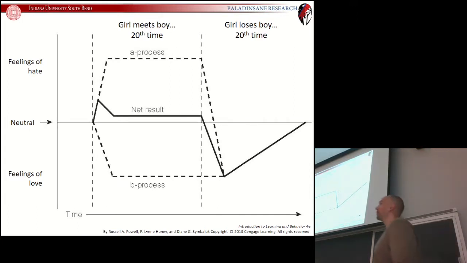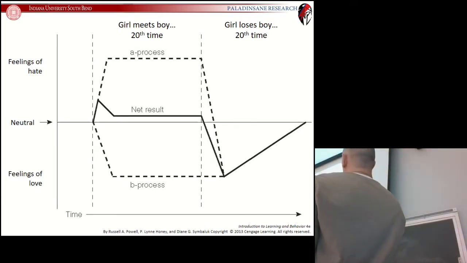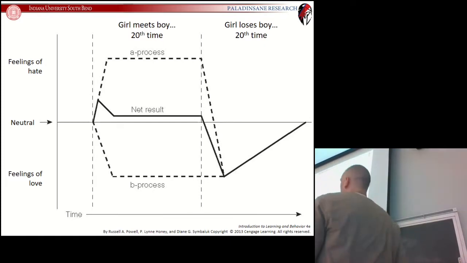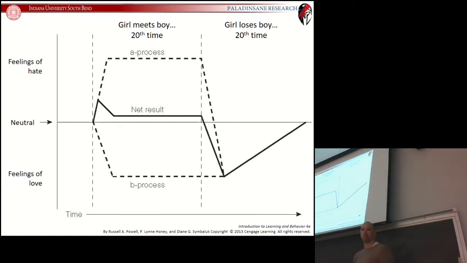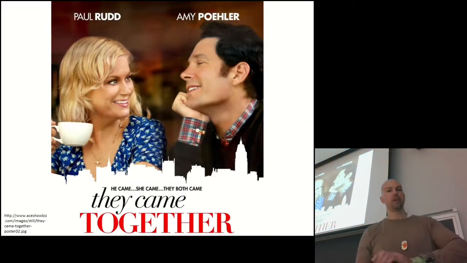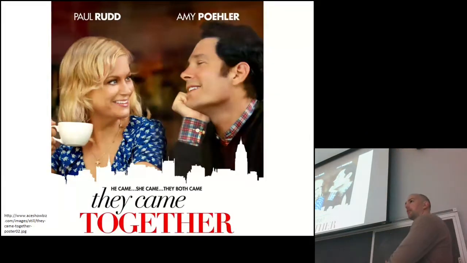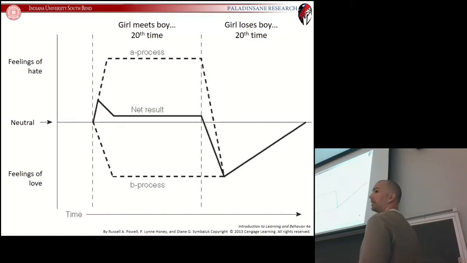So if you are looking for a movie that shows that final coming back to neutral, you can check out They Came Together. It's kind of a send-up of all the rom-coms, but it basically shows that part of it. It shows what happens after the trip to the airport and the last-minute feelings of love.